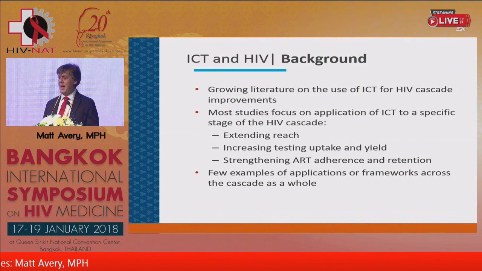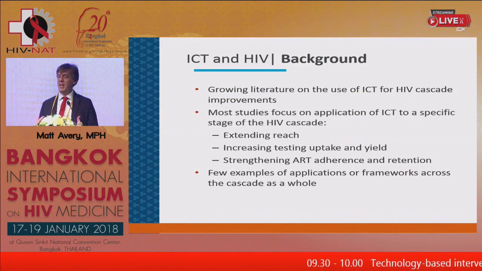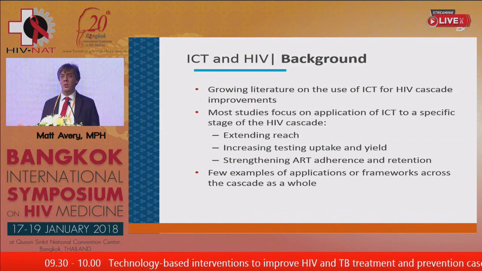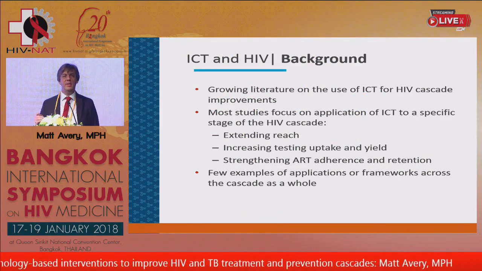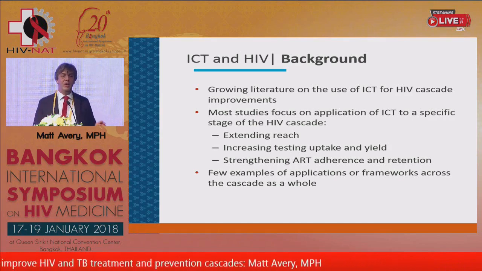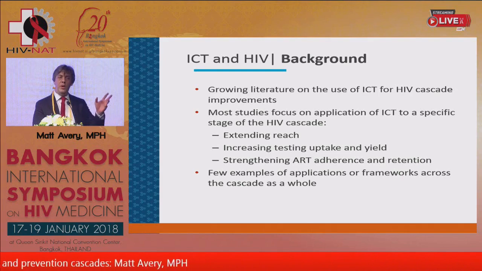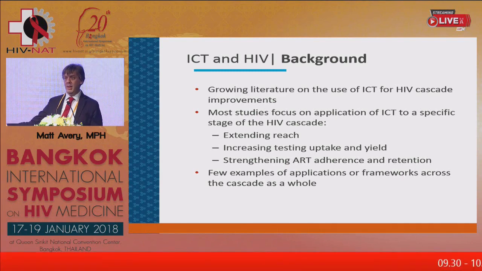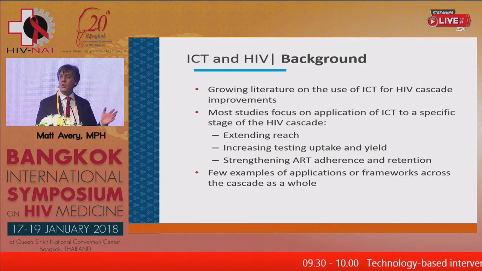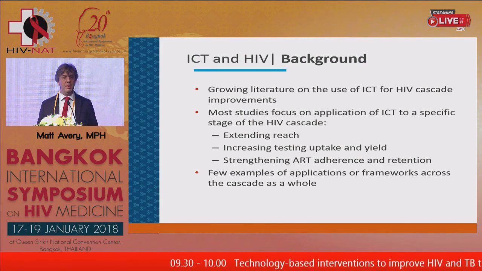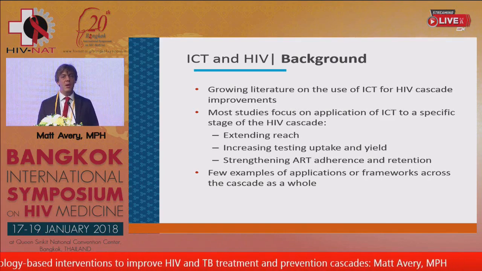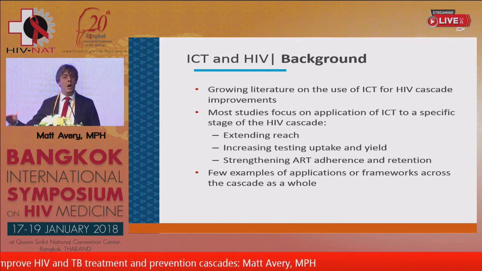Using the expression HIV cascade, I want to make sure that that's an expression that people understand. The idea of an HIV cascade is that if we're going to achieve 90-90-90 goals for controlling and reversing the HIV epidemic, we're going to need to stop looking at intervention programming in terms of targeting a single silo. For instance, only targeting prevention, or only working with testing, or only focusing on treatment. We're going to have to find new ways to link those services together into a single continuum, and to make sure that our clients, and particularly members of high-risk key populations, are being brought into that continuum and retained across the continuum.